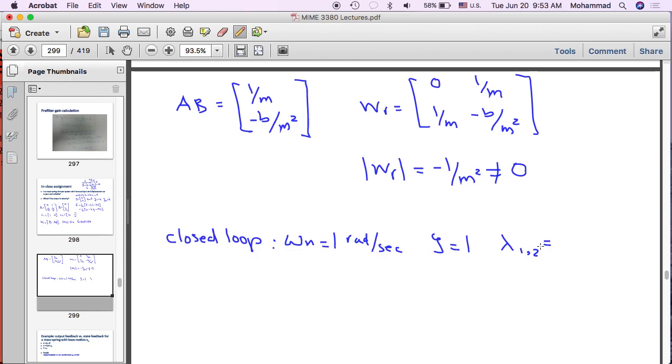Where are the two eigenvalues? They're both exactly at -1. So -1 and -1. That's the meaning of zeta being 1 and omega n being 1. So they're repeated at -1. So please go ahead and get started on calculating the controller gains that would put your closed loop eigenvalues both at -1.